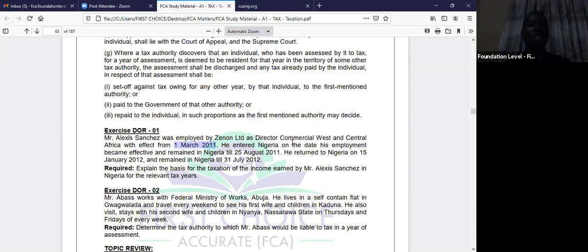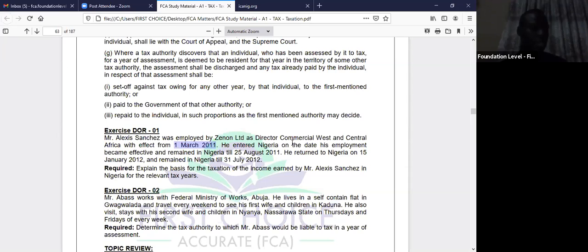So March to December, how many days did he spend? Let's look at it. March has 31 days, so from March 1 to March 31 is 31 days. Then April has 30 days, so add 30 to it. You have 61. May has 31 days, add 31 to it.